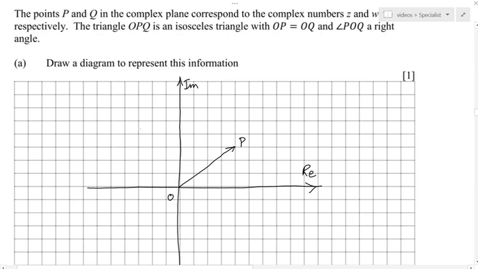So that's your OQ, and that is Q. And simple enough, this is your Z and this is W. That's what is shown here. And then it says angle POQ is a right angle. So that's what we have shown. You've written everything there. 1 mark, nothing much to do here.